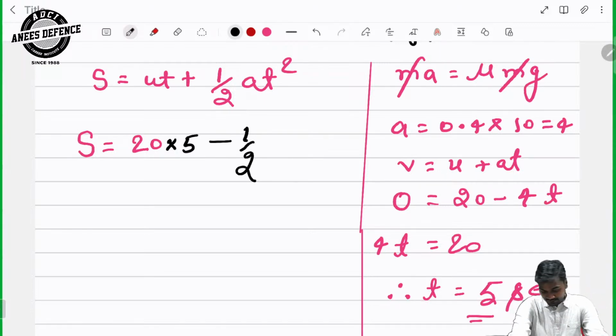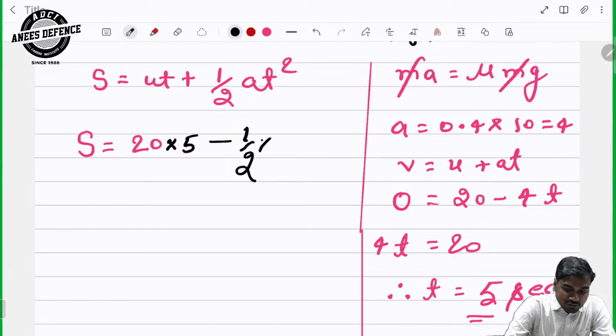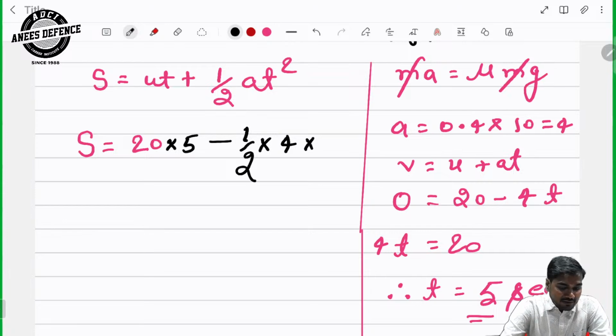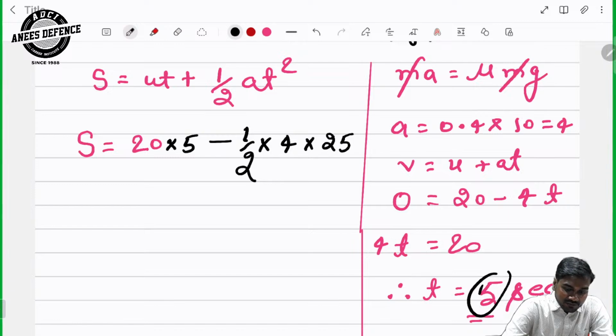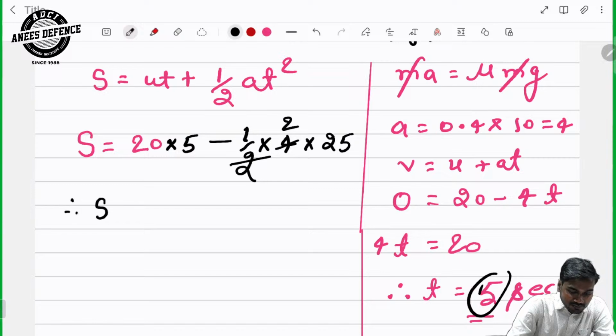So there will be retardation, not acceleration. So a is how much? 4, into time 5 seconds, which we have calculated. So 5 square is 25.